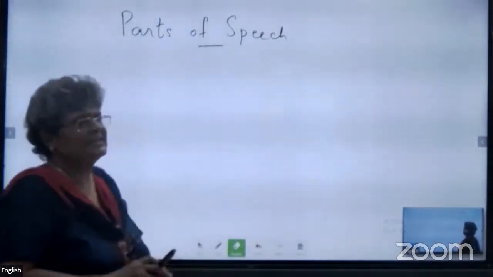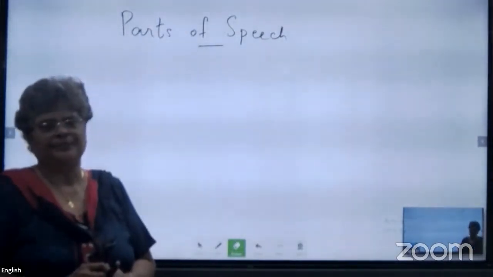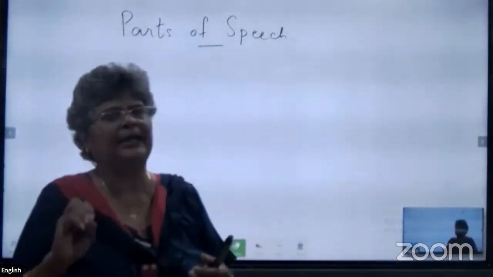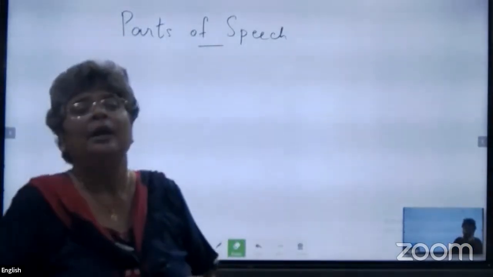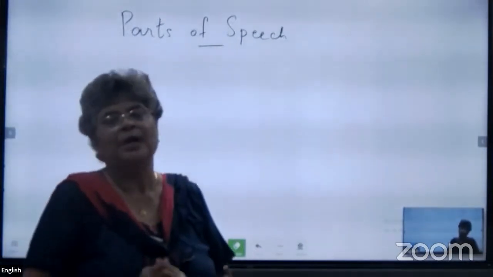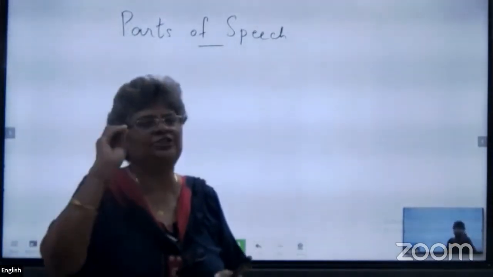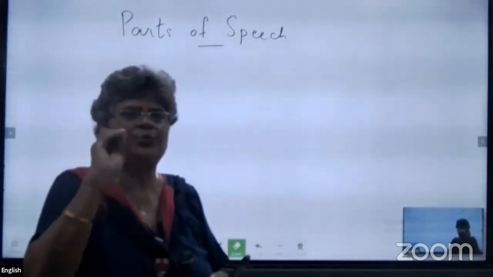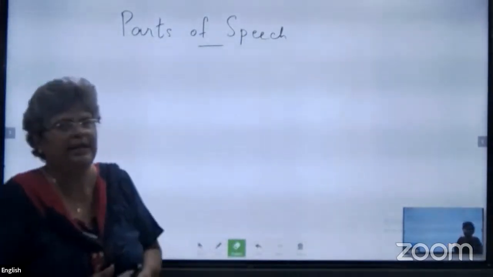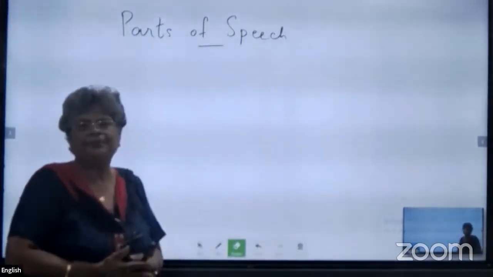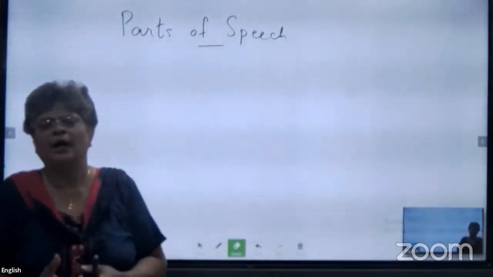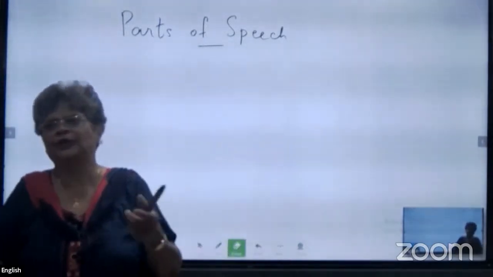Then next is the adverb. The main difference between an adverb and an adjective is the position of them. If you remember the position, it's very, very easy for you to find out whether it's an adverb or an adjective. An adverb usually takes up ly: slowly, awkwardly, beautifully.